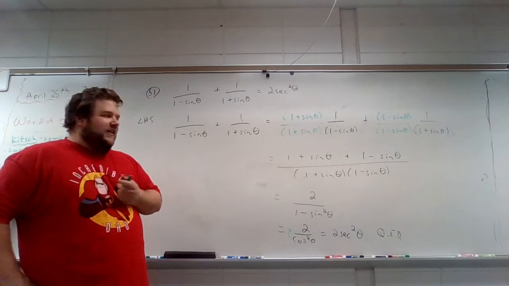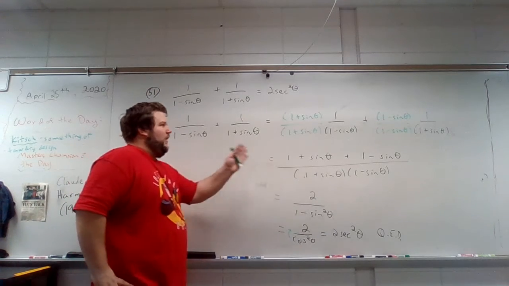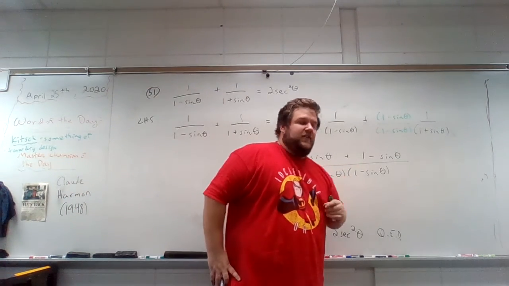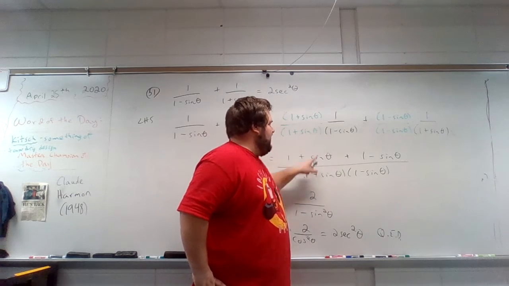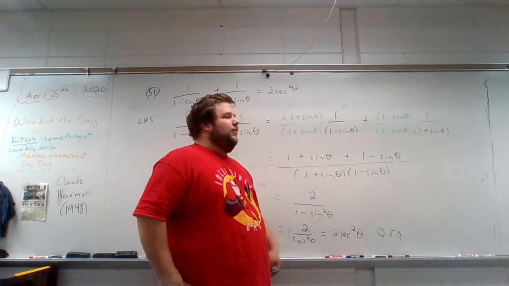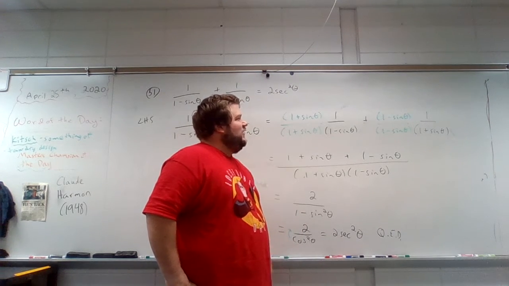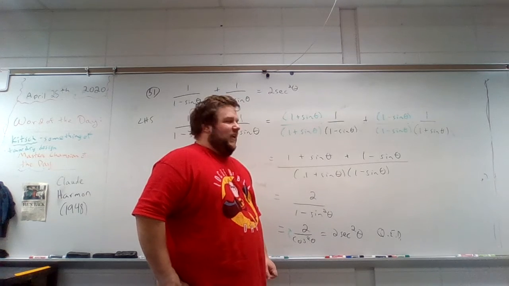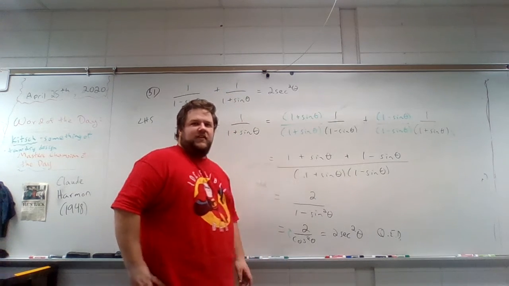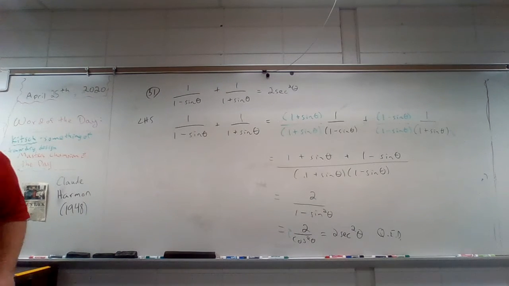It ended up being like that because I was combining those fractions, and we were multiplying by the conjugate on both of these. But you see when I did that I ended up with this Pythagorean identity down here that gave us cosine squared. So that's another problem where even if we're not directly multiplying by the conjugate, it comes up and you can see how it is useful. Okay, so that one's good.